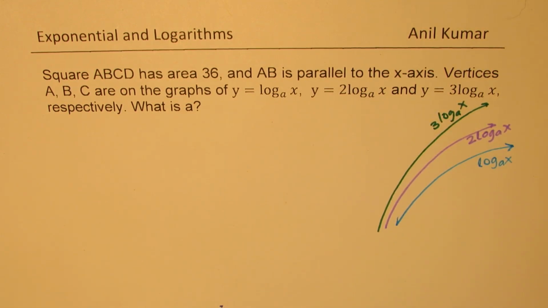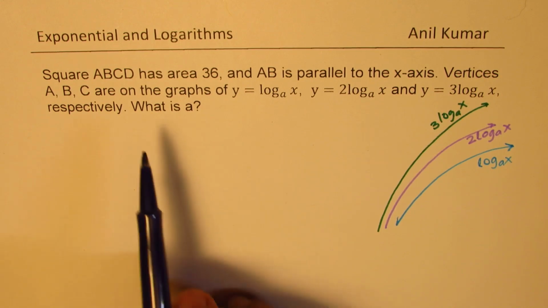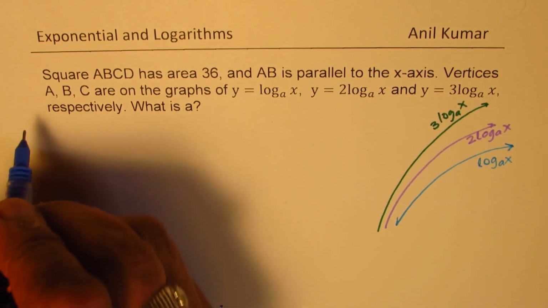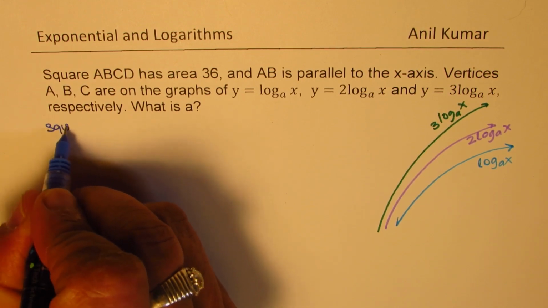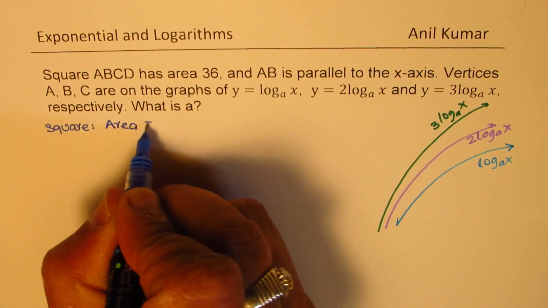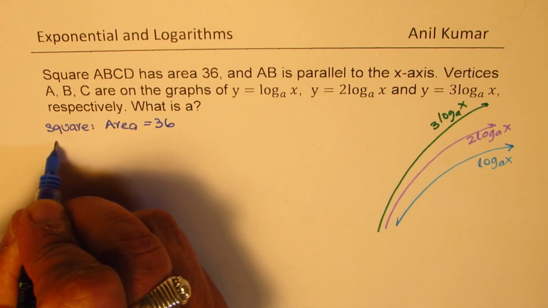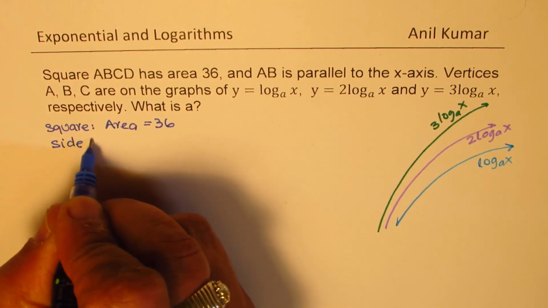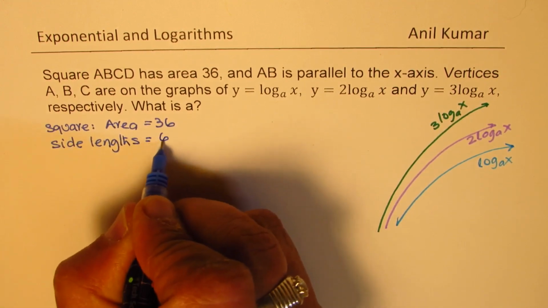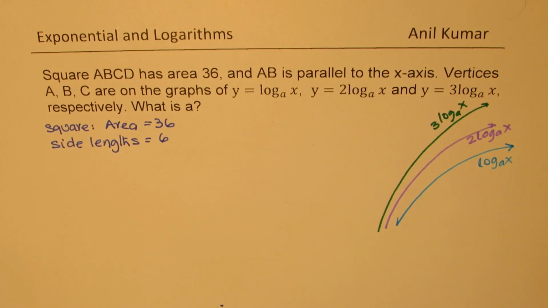Now the question says that ABCD has an area of 36. So we have a square, area equals 36. That means sides are 6, so each side is 6.